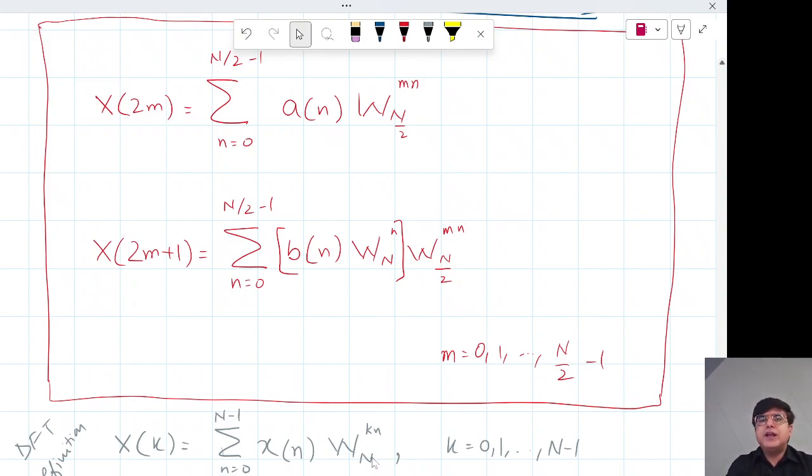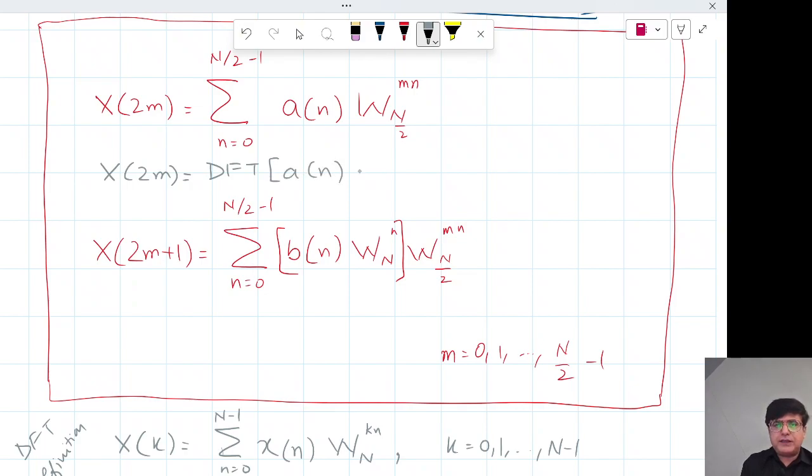Same story. So can I then say that this x of 2m is just the DFT of the sequence a of n with N over 2 points?